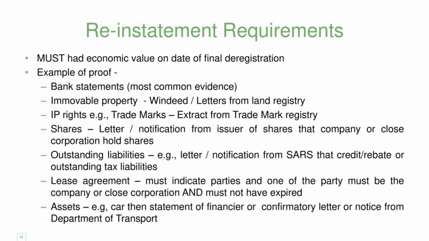Lease agreement. This is if the party is renting premises. The party must be part of a company or a CC, and the rental agreement must not have expired. Any assets that the company might have, for example, a car statement or a letter from the financer confirming that the company has assets on its name.